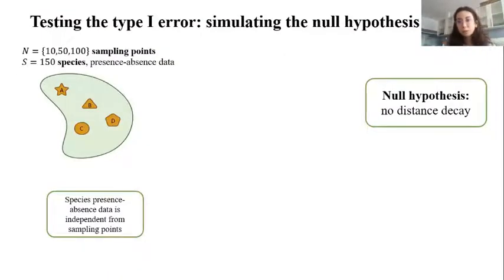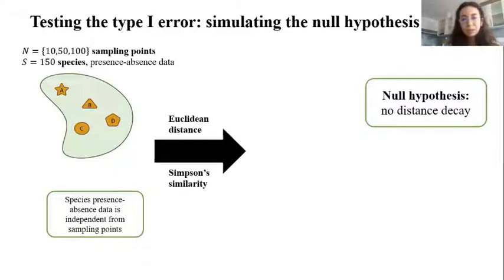To test the type 1 error, what we did was to simulate the null hypothesis of the pseudo R-squared statistic. This means that we had to simulate data where distance and similarity were independent. To do so, we first obtained species presence absence data from a binomial distribution and independently some coordinates.